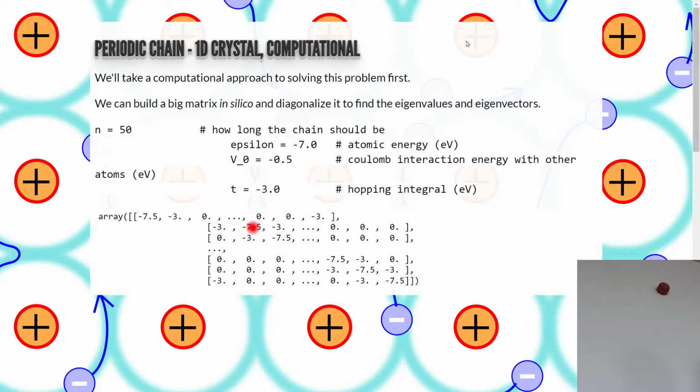On the diagonal element, that's epsilon plus V0, and either side of that I put minus 3, and on the top row and the bottom row I did the same, but remembering that the thing that's to the right of the last one actually goes back to the first when they loop around.